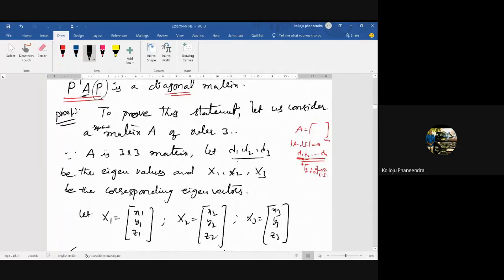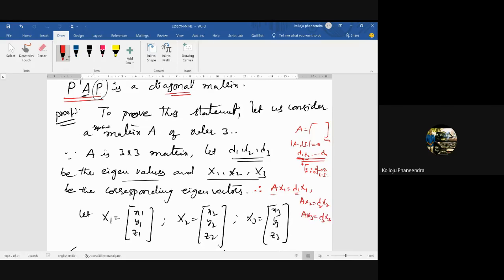Let lambda 1, lambda 2, lambda 3 be the eigenvalues and x1, x2, x3 the eigenvectors. Therefore, Ax1 equals lambda 1 x1, correct? Lambda 1 is an eigenvalue of A. Ax1 equals lambda 1 x1, Ax2 equals lambda 2 x2, Ax3 equals lambda 3 x3.